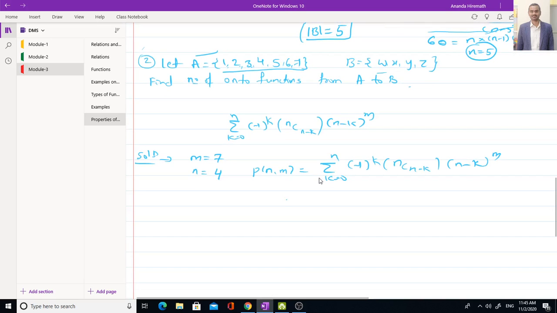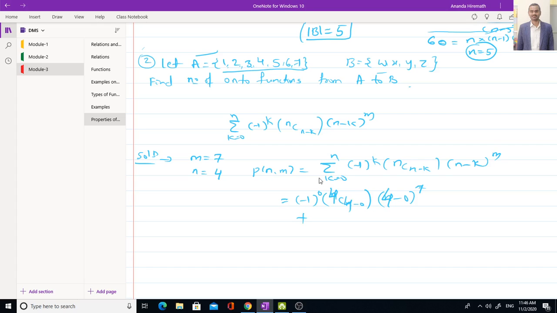Now let us replace this k values one by one. Minus 1 raised to, first time k value is 0, means nC(n-0), (n-0) raised to m is 7, and n is 4. Let us replace n by 4.